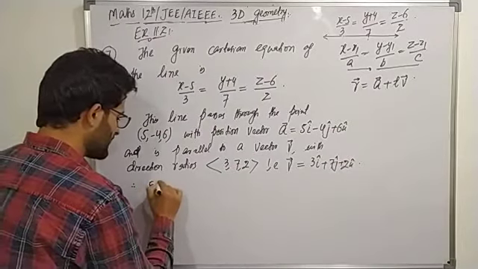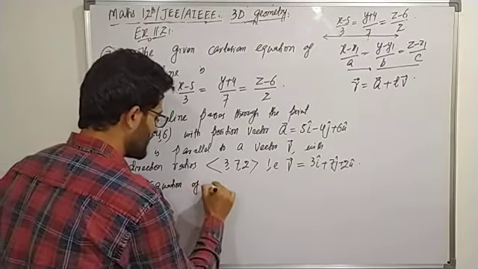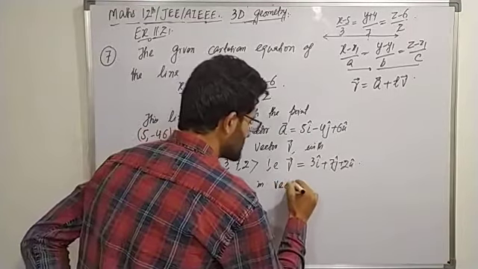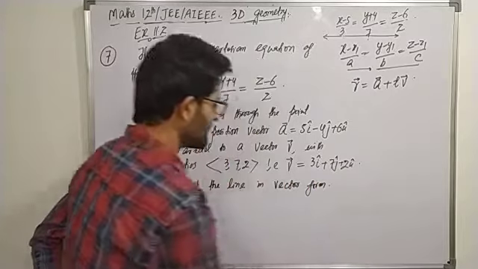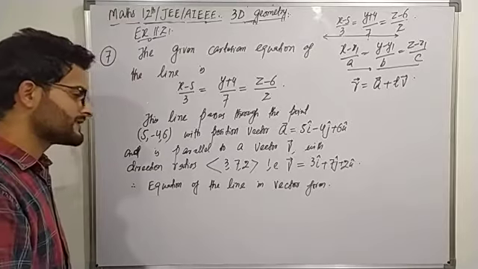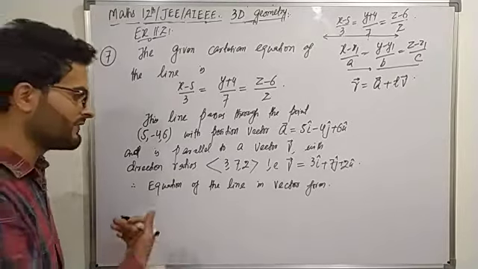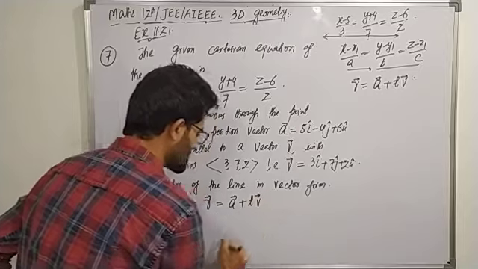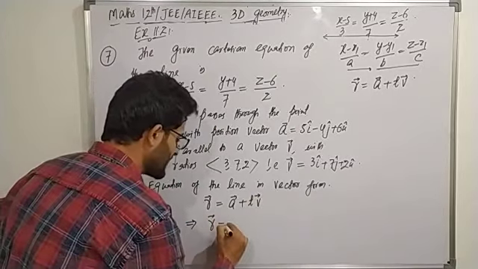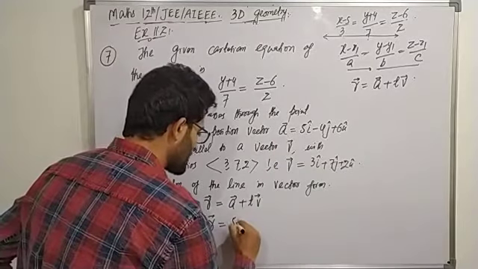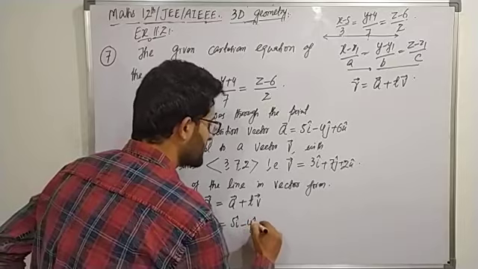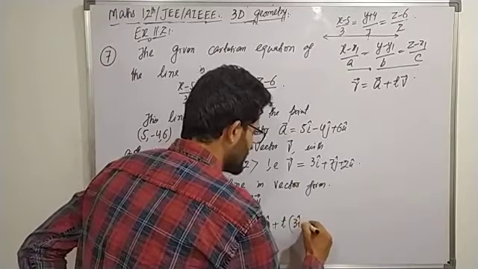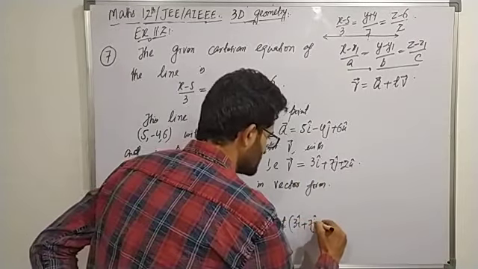Therefore, the equation of the given line in vector form is: what will be the equation of this line in vector form? Well done. R vector must be equal to A vector plus T times V vector, which further implies that R vector is equal to, put the value of A vector, that's 5i minus 4j plus 6k plus T times, put the value of V vector, that's 3i plus 7j plus 2k.